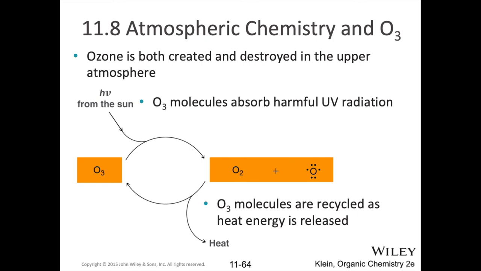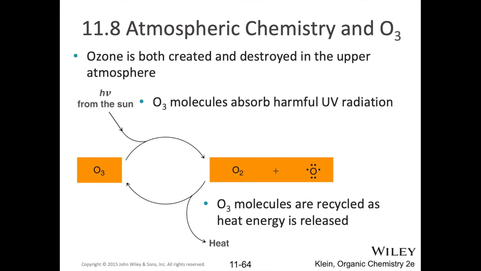Ozone forms very readily, especially in the upper atmosphere, in the stratosphere, due to the fact that the stratosphere doesn't have much blocking sunlight from it, especially some of the higher energy wavelengths from the sun, so more of the UV rays and things like that. And those high energy wavelengths cause oxygen to undergo a radical reaction and form ozone. So that's why we have an ozone layer in the stratosphere.